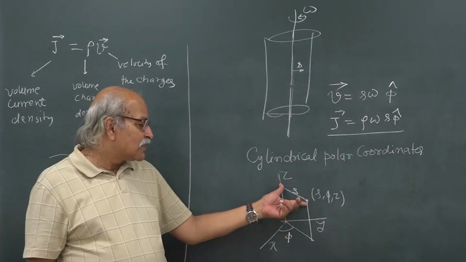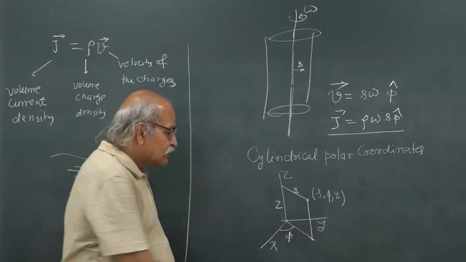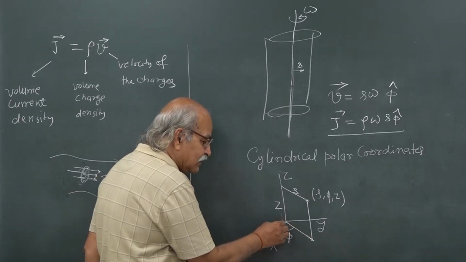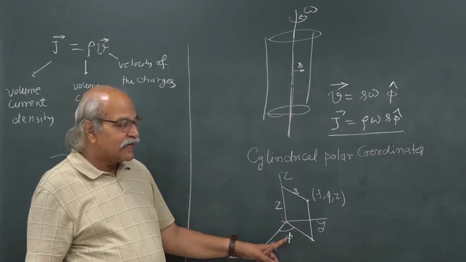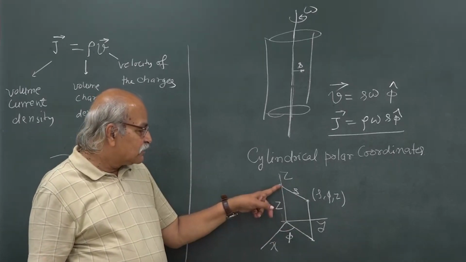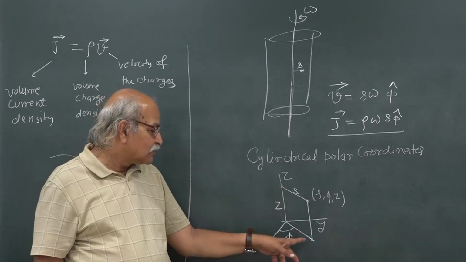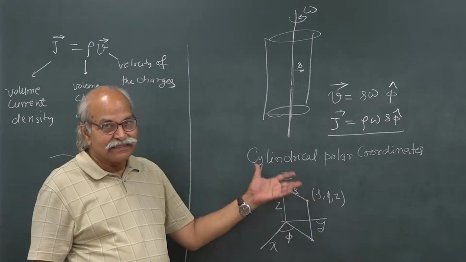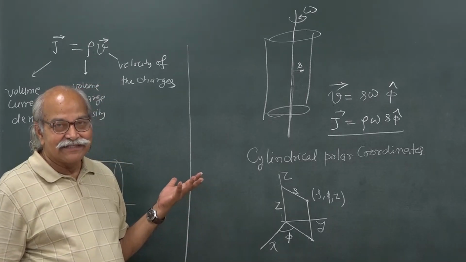Then drop a perpendicular from this point on the xy plane and the foot of the perpendicular is joined with the origin, and the angle between the x axis and that line is phi, and z is of course how much above the xy plane it is. So, when you draw the perpendicular, this OZ will be small z, or you can also say it is the distance of this point from the xy plane, that is z. So, these are three coordinates s, phi and z.